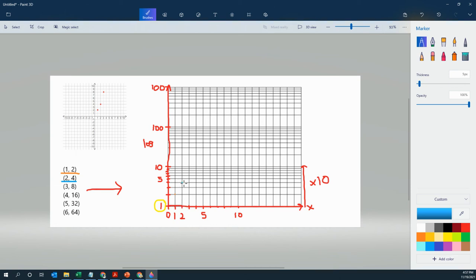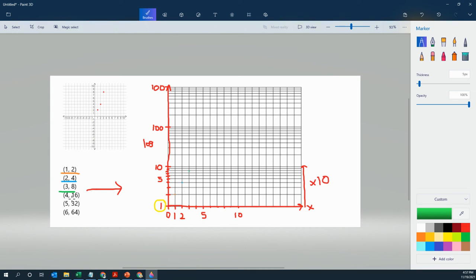So 2, 4, 3, 8. Change colors again. 3, 8 is going to be 1, 2, 3, and there's 5, 6, 7, 8. So these are your first 3 lines right there.